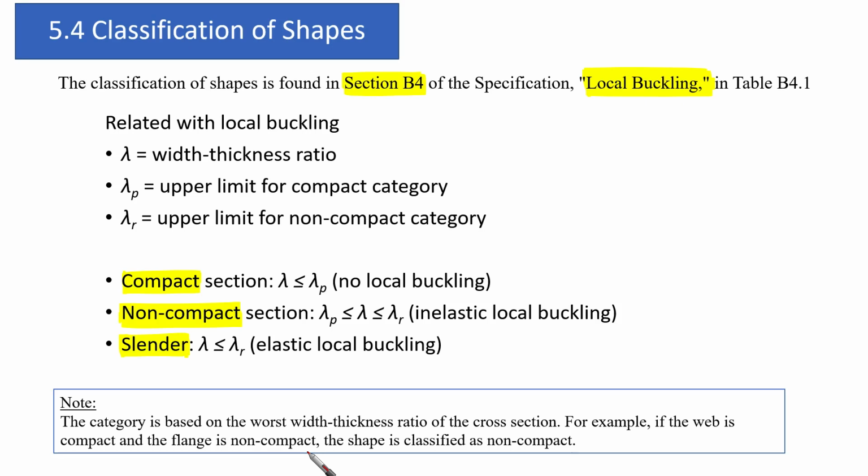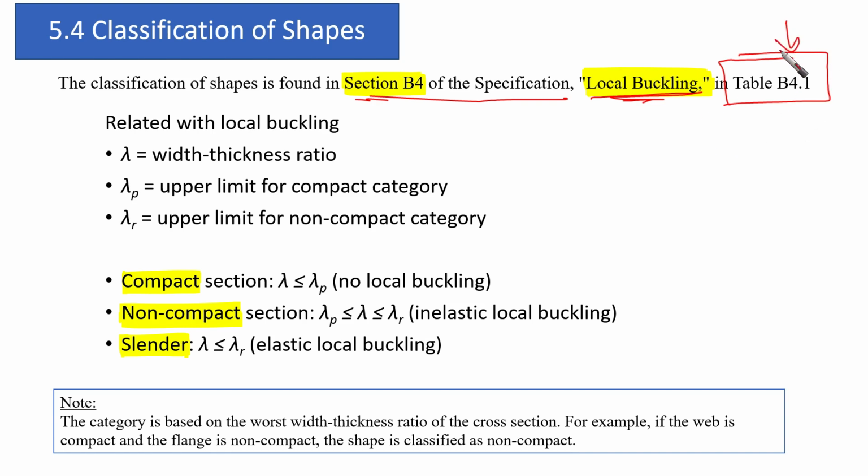Now let's go to another part, which is related to the classification of shapes. The classification of shapes is found in section B4 of the specification, under the title of local buckling. You're going to find it in table B4.1.